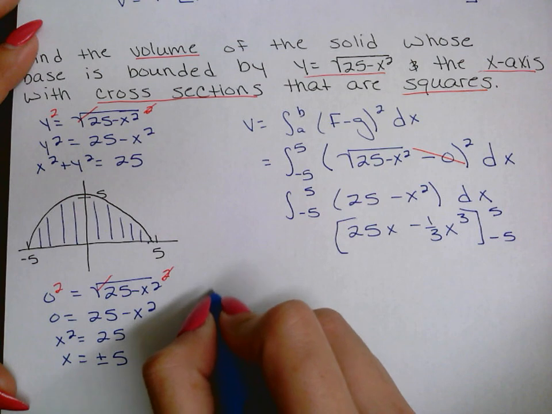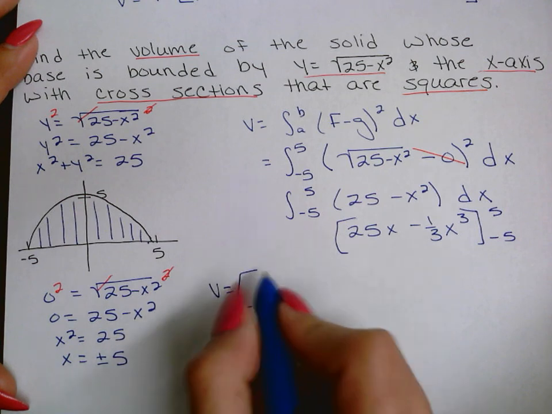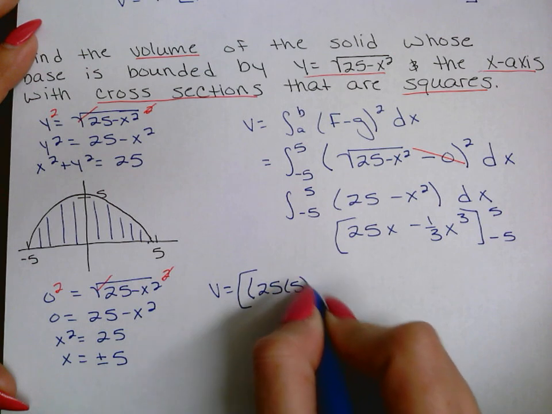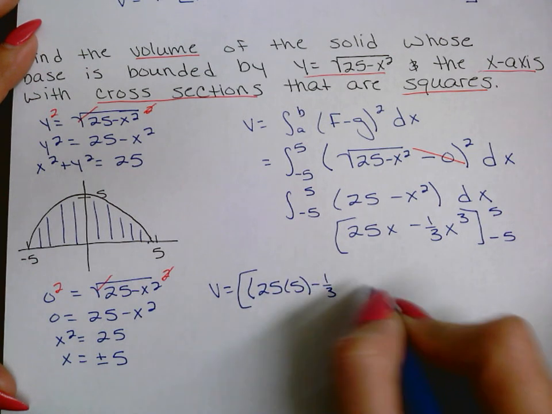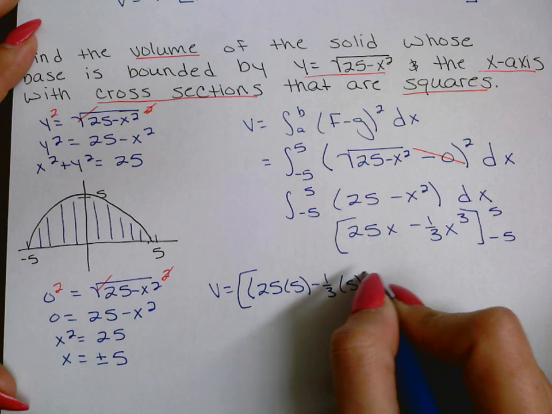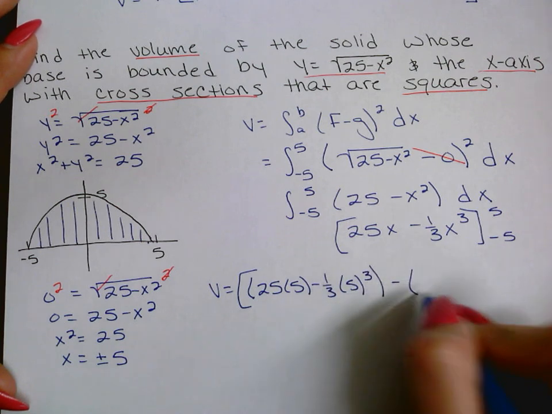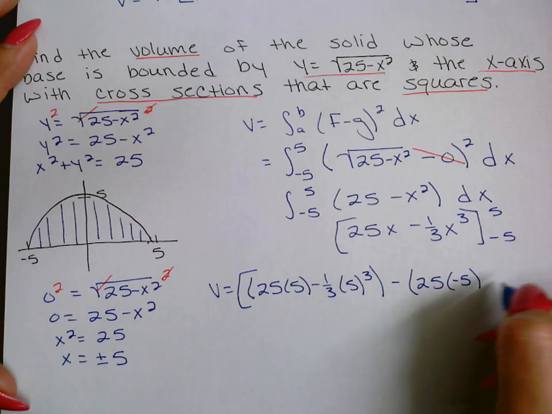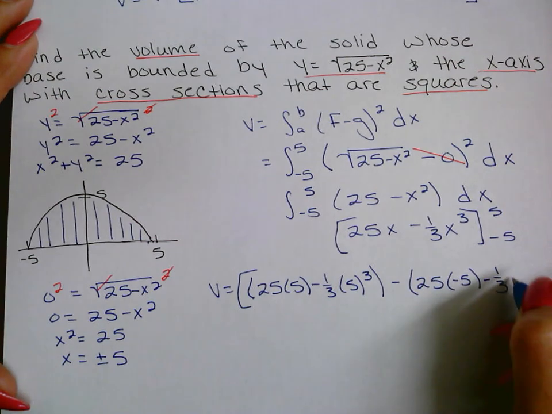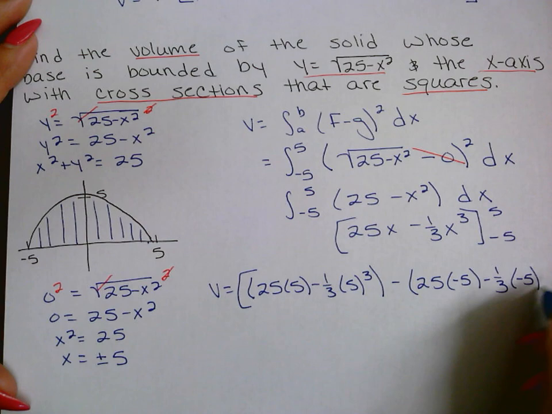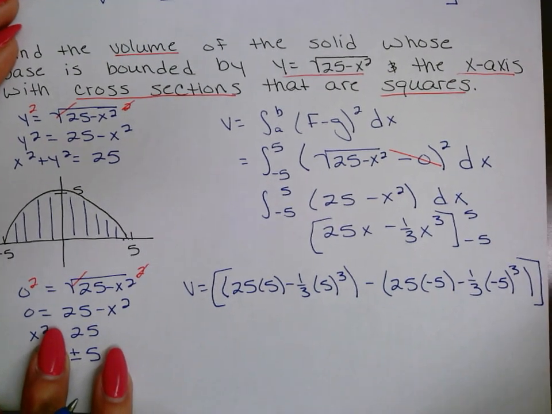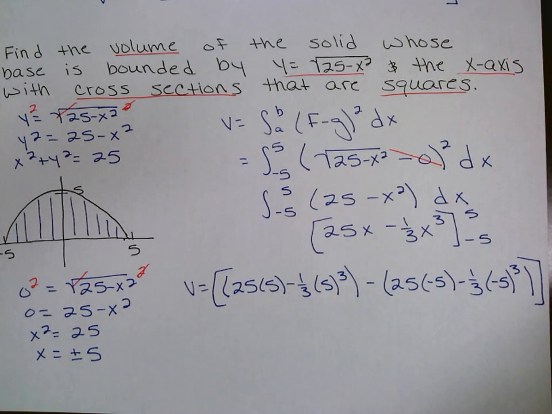And now we can say that the volume is the function at b minus the function at a. And that would be an acceptable answer for a free response. You do not have to clean it to the end.